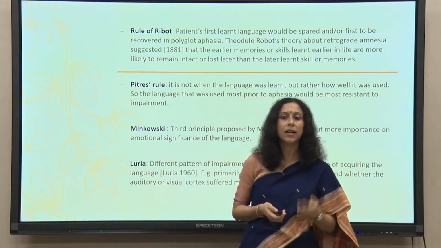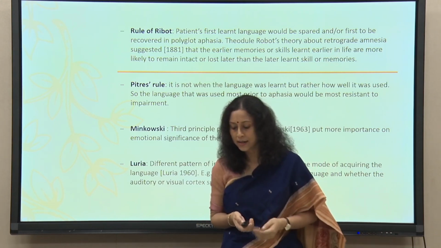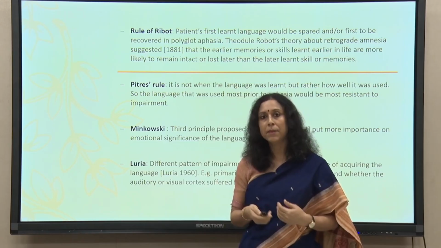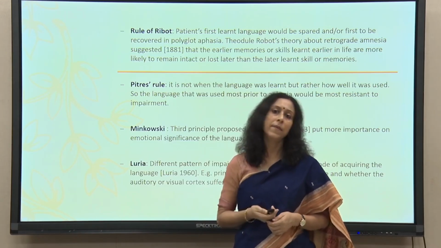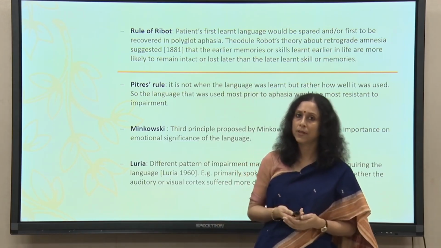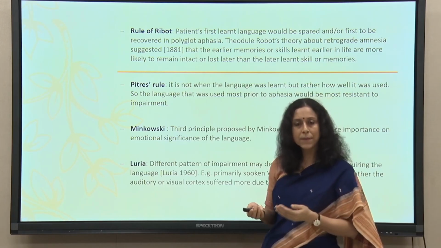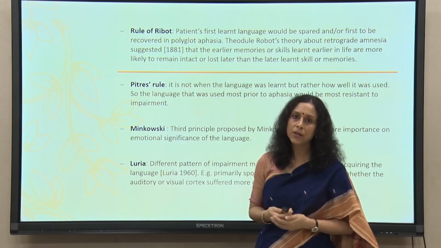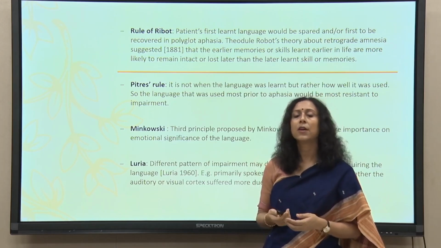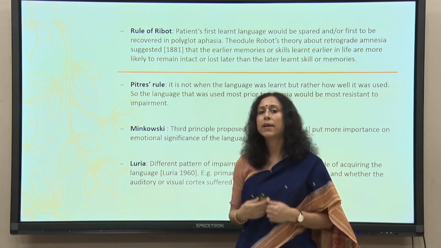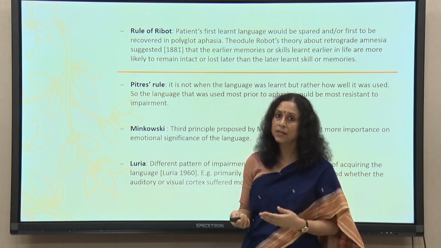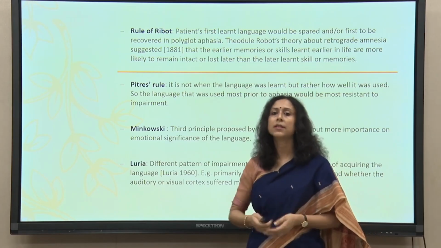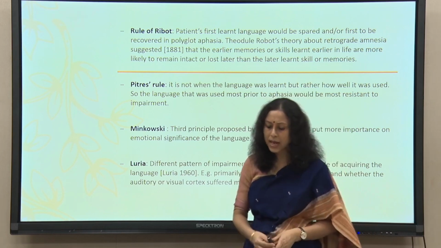So, what is the pattern? The memories or skills that are learnt earlier in life are more likely to remain intact, and the memories that are collected later will be affected more when a person suffers from amnesia. Incorporating this theory in bilingual aphasia says that the language that is learned first will remain intact, and the language that is learned second will be more affected by aphasia, meaning that the second language is more likely to be affected.